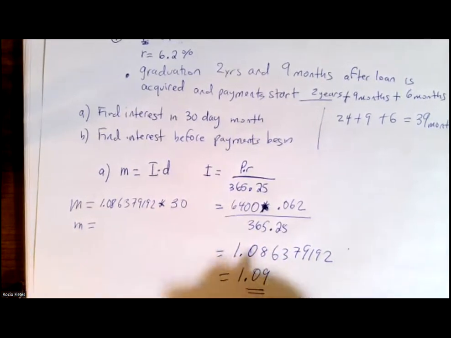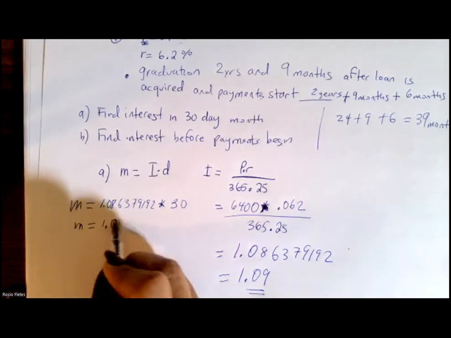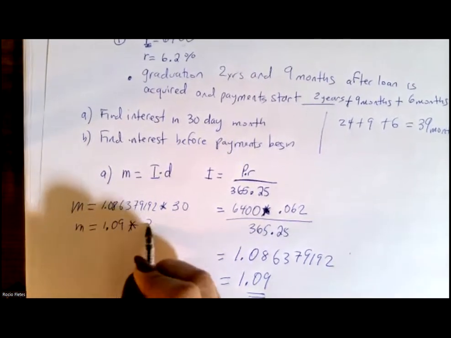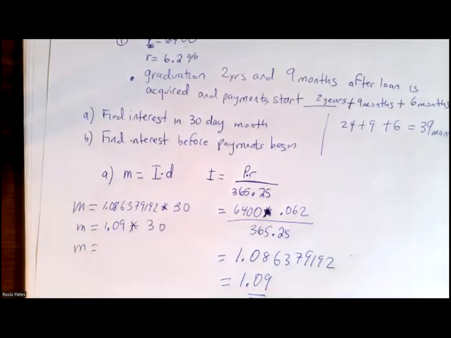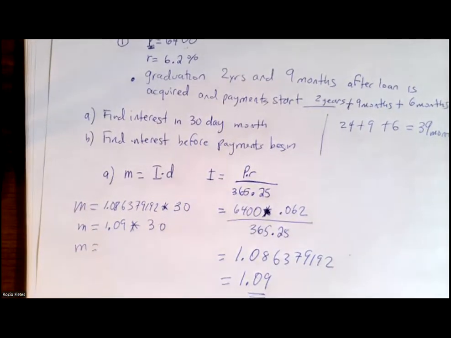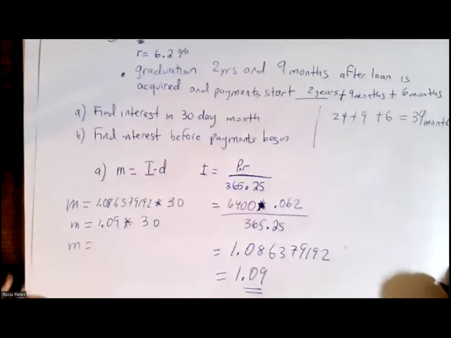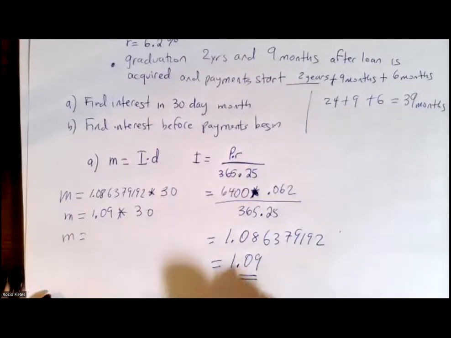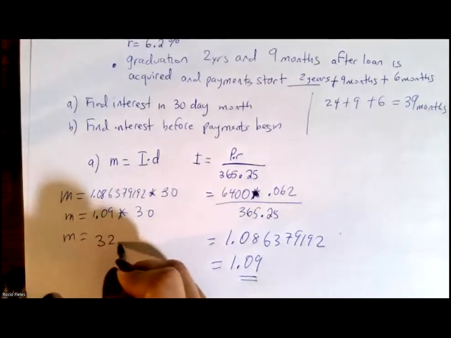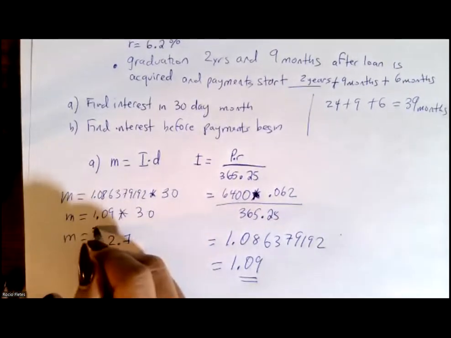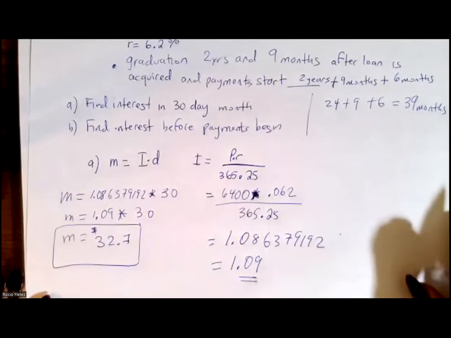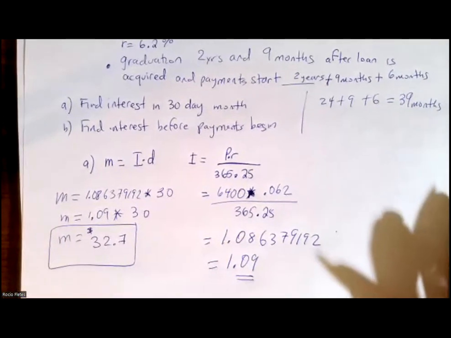And so over here, I'm going to do 1.09 times 30, and then I'm going to get a cleaner answer. So remember, just because it's money, we can do that. Round to the nearest cent. So we get 32.7 for the interest in a month. So it's the total interest in a month for part A.